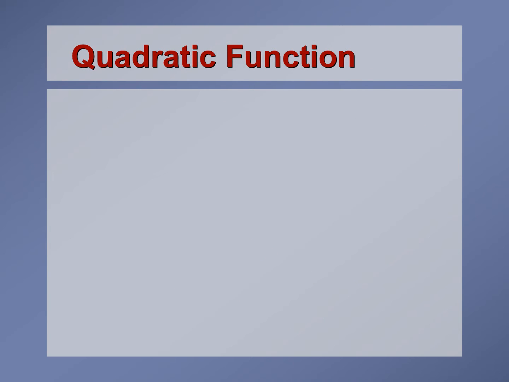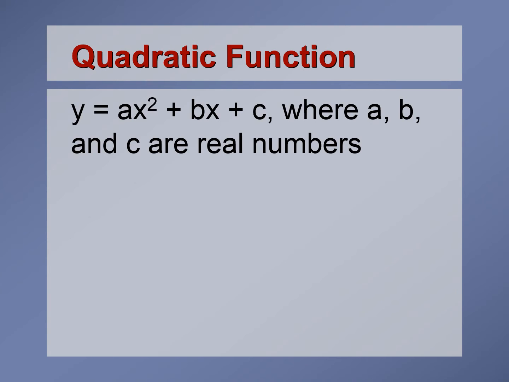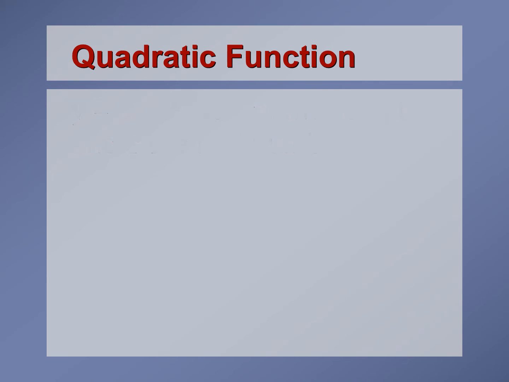Our next type of special function is a quadratic function. It looks like this: y equals ax squared plus bx plus c. So in this one, you have a variable x, and then your exponent is always 2. a, b, and c are going to be real numbers.